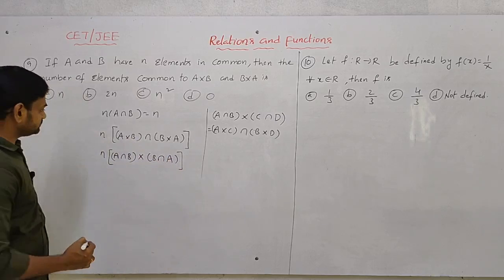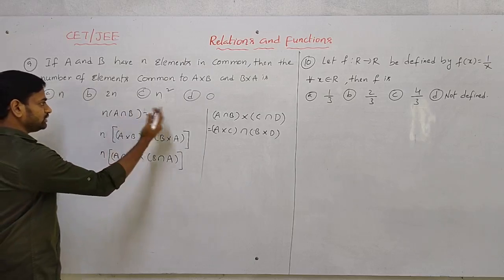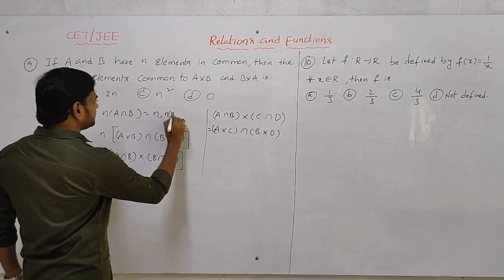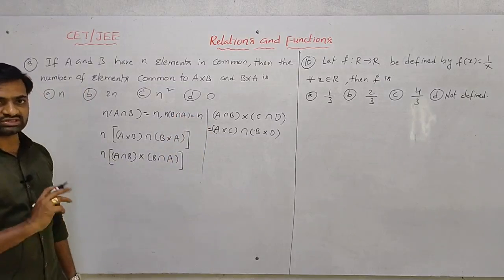Now see. Before that, n of A intersection B is equal to n. In the same way, can I write n of B intersection A is also n? Both are the same.